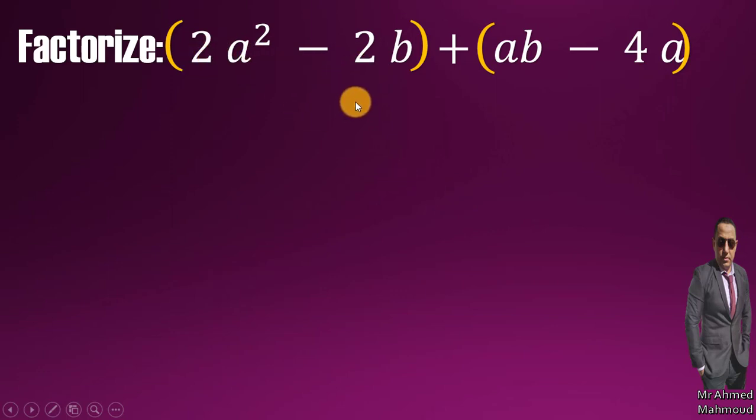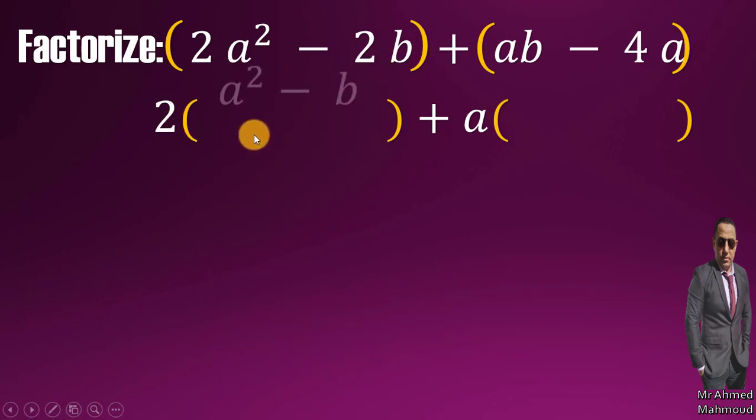In 2a squared minus 2b, I see that 2 is a common factor, and in ab minus 4a, a is a common factor. 2a squared divided by 2 equals a squared, and negative 2b divided by 2 equals negative b, so it is a squared minus b. Here ab over a equals b, negative 4a divided by a equals negative 4, so it will be b minus 4.